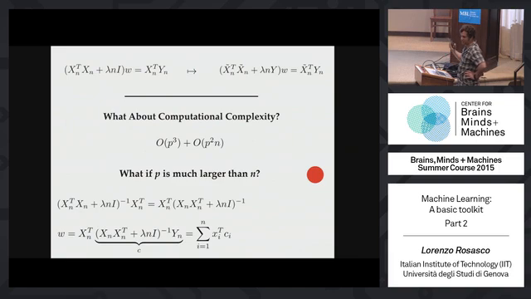N by D, or P. How big is this? N by N. Okay? So how big is this vector? It is N by 1. So I found out that my W can always be written as X transpose C, where C is just an n-dimensional vector. I rewrote it like this, if you want. Okay? So what is the cost of doing this?